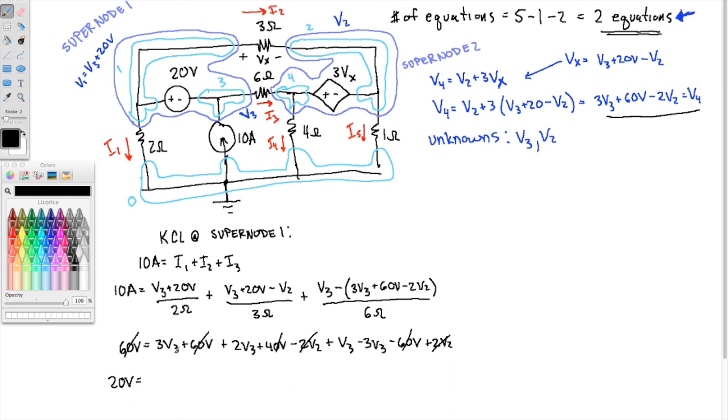That's nice. 3V3, and 2 is 5, and 1 is 6, minus 3 is 3. So this implies V3 equals 20 over 3 volts. And that is about 6.67 volts.